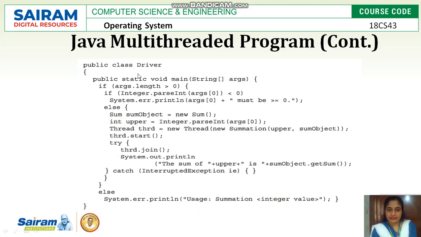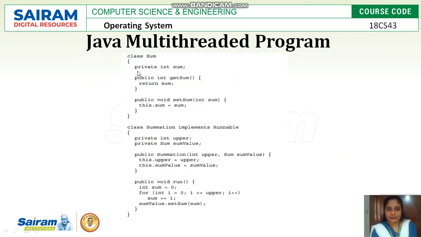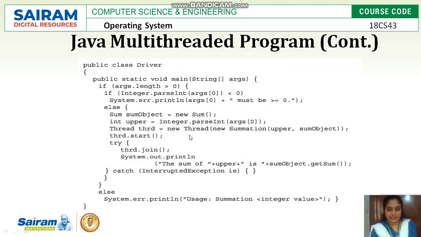In class Driver we have the static void main function. So here we have two classes, Sum and Summation. Sum is a function which is making use of the sum value from the Summation class, and Summation has implemented threads. Coming to the main program in class Driver, it is getting command line arguments.